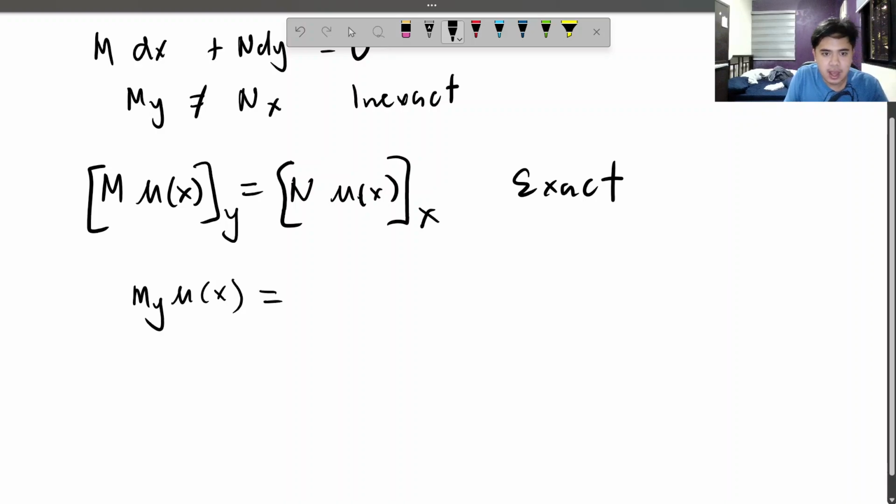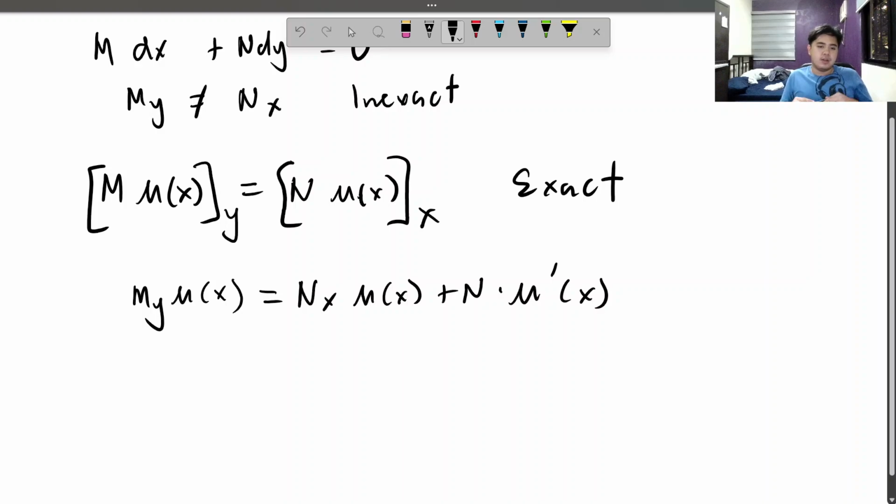On the other side, n and mu are both related with x, so we need to use the product rule. So nx, then mu remains unchanged, plus n remains unchanged multiplied by mu prime of x, the derivative of mu of x. So now we have this.